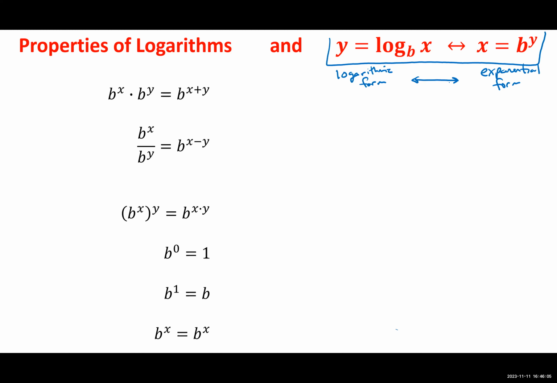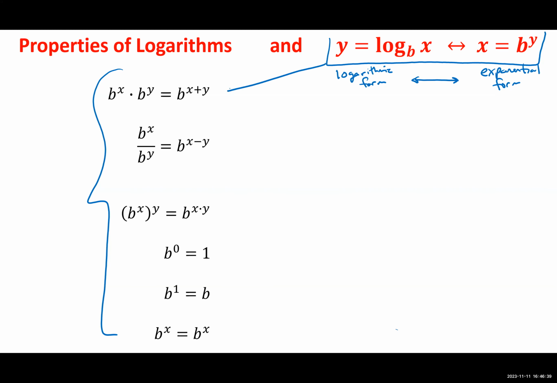It's like Google Translate, right? You put in one language and the translator spits out another language. Same thing. So we're going to start with this list of properties of exponents, which hopefully we're familiar with at this point.